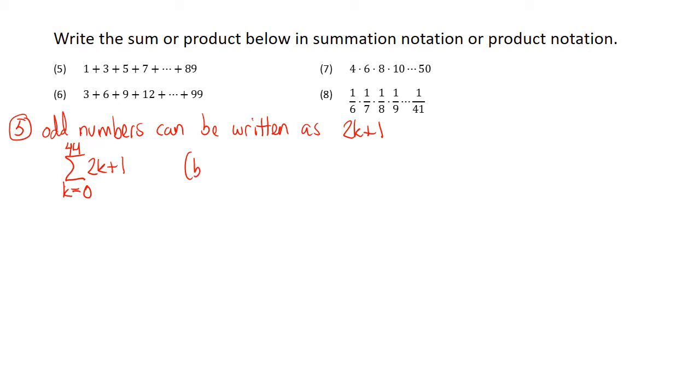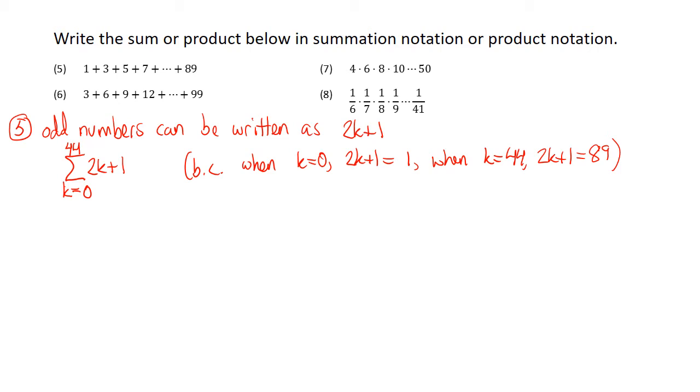Okay? So to just explain again, when k equals 0, 2k plus 1 equals 1, and when k equals 44, 2k plus 1 equals 89.